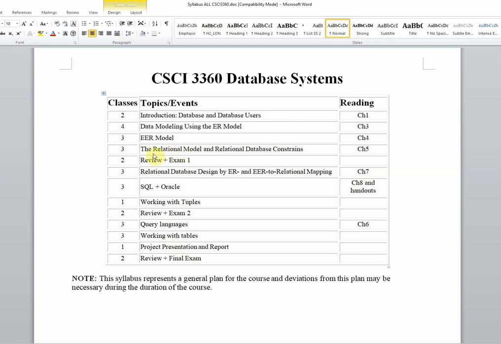And after that, you should already have a very strong concept of what a database is, and we will have an exam to cover all of those topics. Usually what I do is that before the class of the exam, I will assign you some exam review as well as a practice exam.